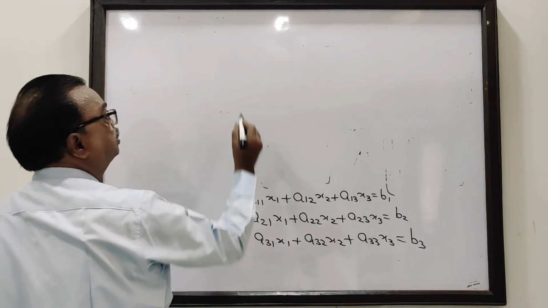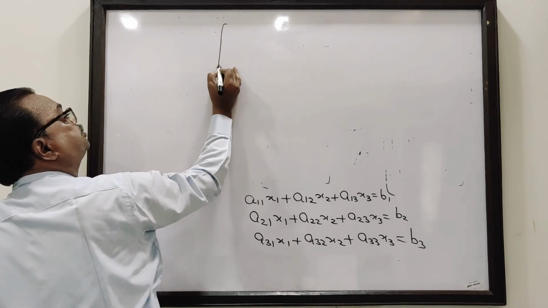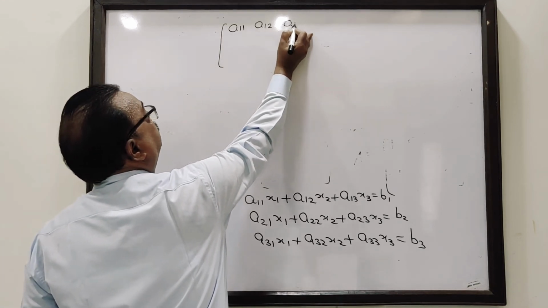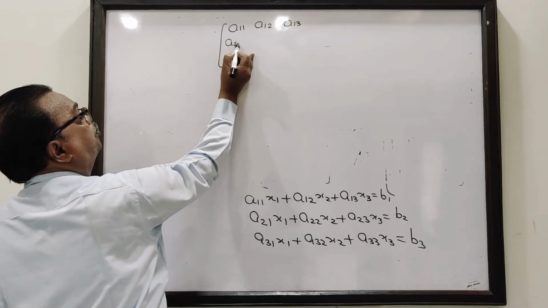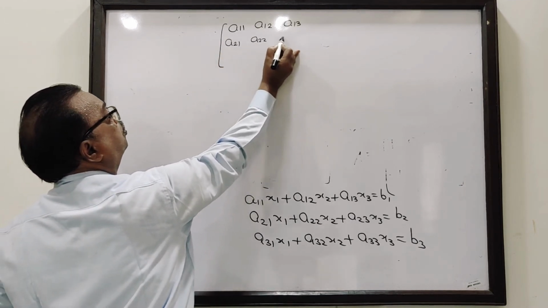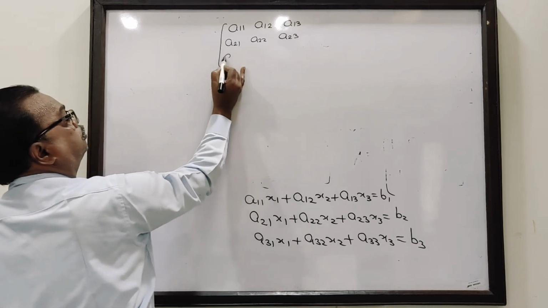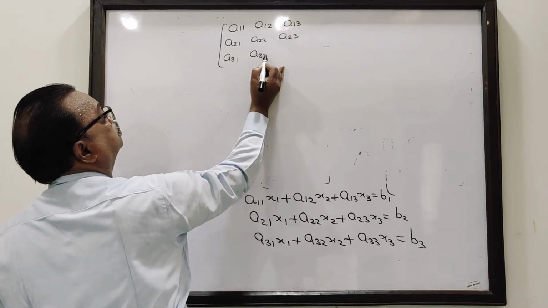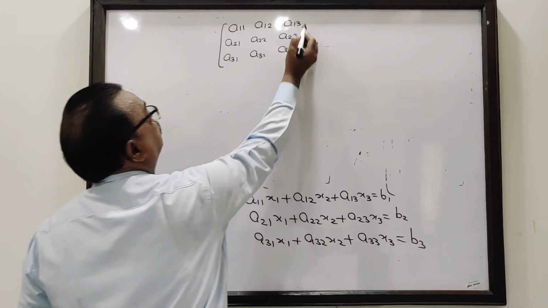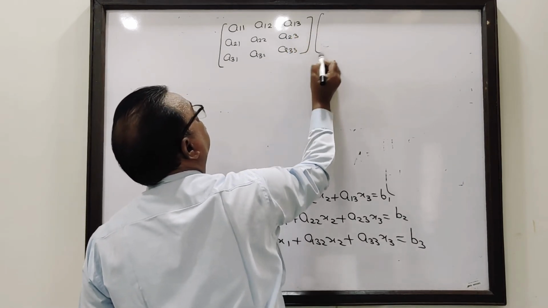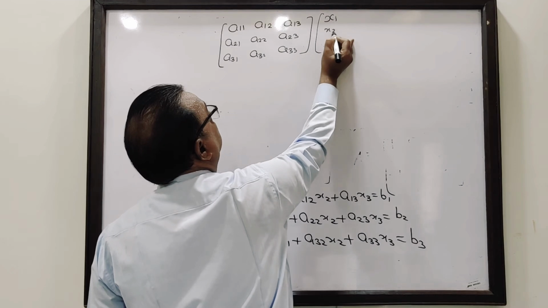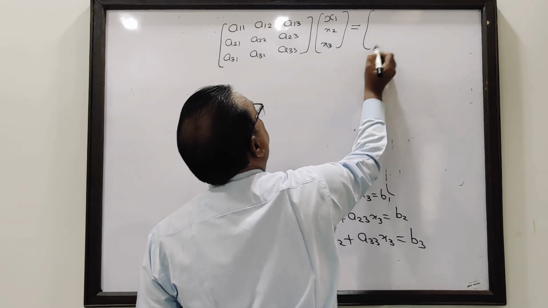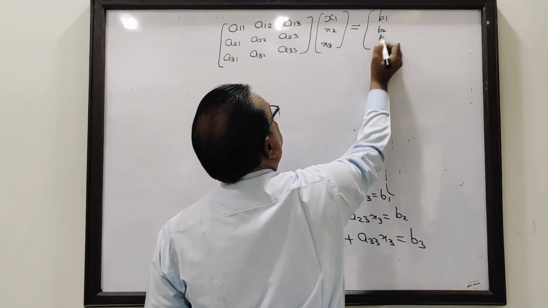This system of equations can be put in the matrix form as the matrix with rows a11, a12, a13; a21, a22, a23; a31, a32, a33, multiplied by x1, x2, x3, is equal to b1, b2, b3.